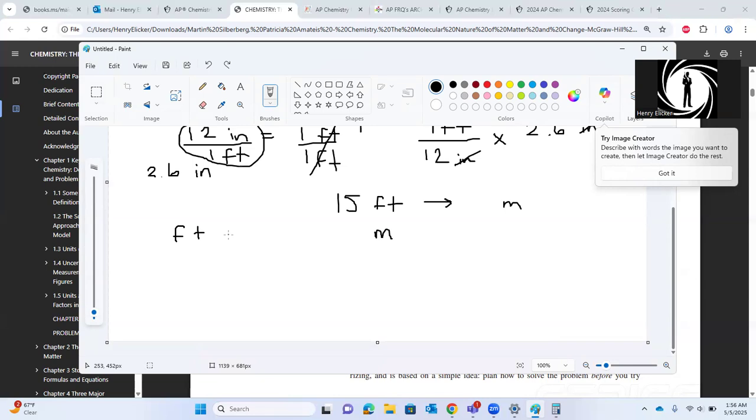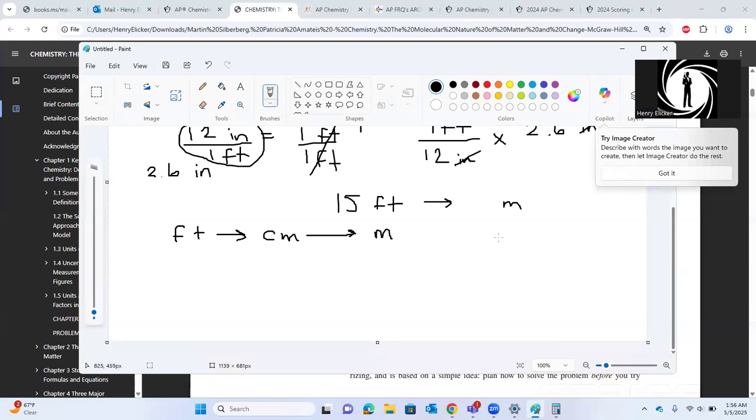There's no direct conversion that exists between feet and meters, so there's a middleman. There is a direct conversion between feet and centimeters, and centimeters has centi in it, and that's related to meters. So we can ask, what's the relationship between feet and centimeters?